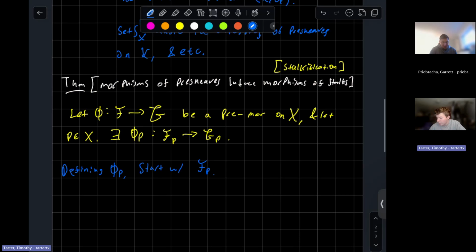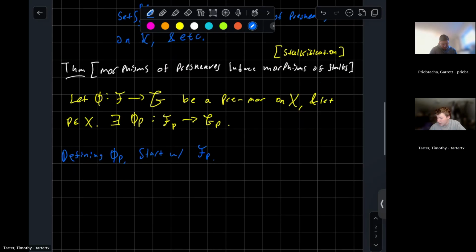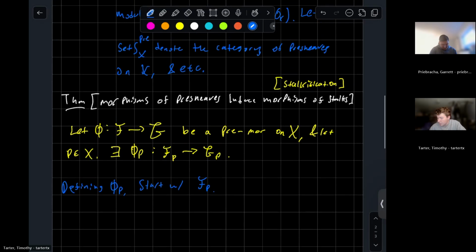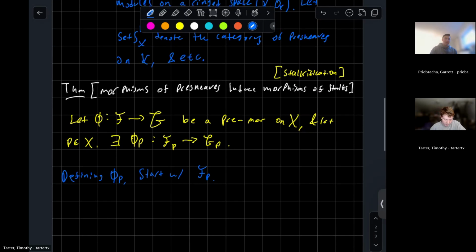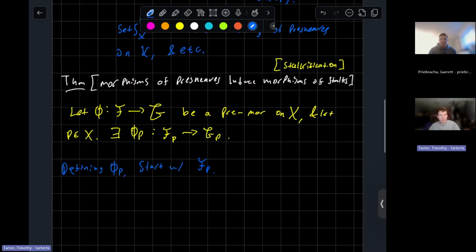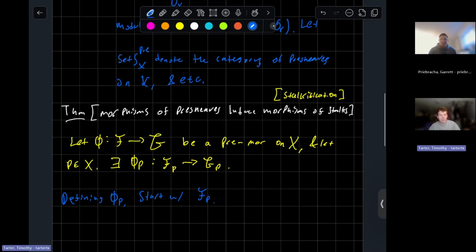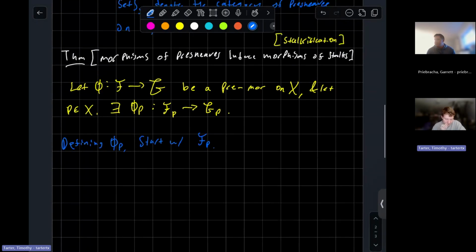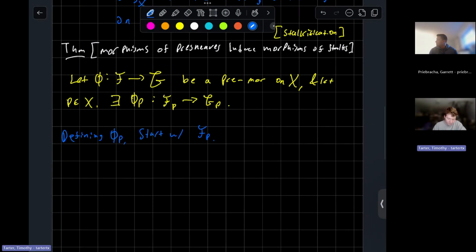If we start with the localization of the pre-sheaf F, then I'm pretty sure this is defined to be the ring of regular functions at p.